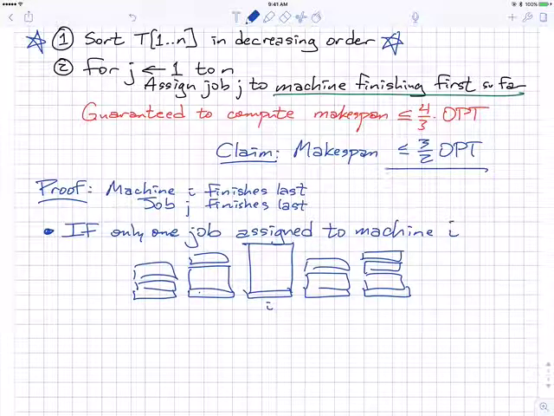So job J is in fact the only job assigned to machine I.